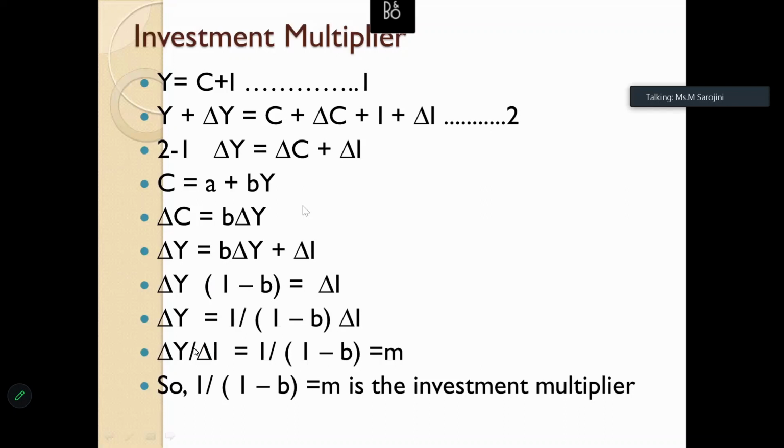We can write investment multiplier is equal to delta Y divided by delta I, or 1 divided by 1 minus B. Also, it is indicated as M, right? Therefore, 1 divided by 1 minus B is the investment multiplier, right? In this way, you can derive the investment multiplier.